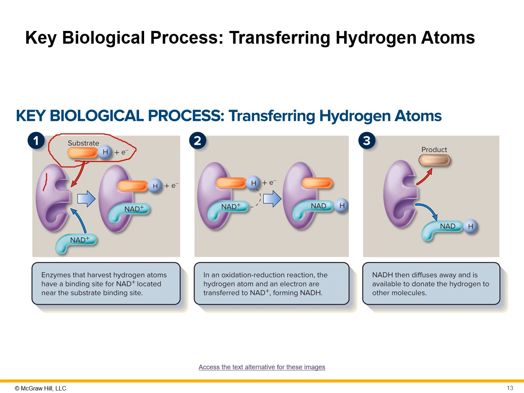So like glucose, for example, has hydrogens and electrons. It comes in and attaches to one of the active sites on this enzyme. But then there's another site where NAD, which is a coenzyme, a molecule that helps an enzyme do its job. So NAD also attaches along with this substrate, and then we get that oxidation reduction.